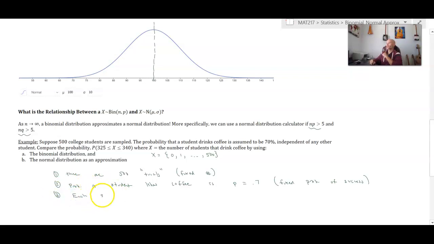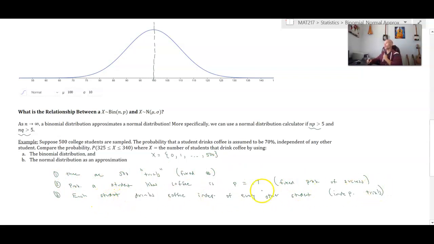And also the third condition is met, that each trial is independent. Each student drinks coffee independently of every other student. So we have independent trials. These are in parentheses; I'm writing the general requirements, and then this is how in this problem we meet them.